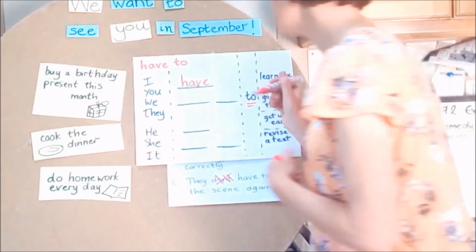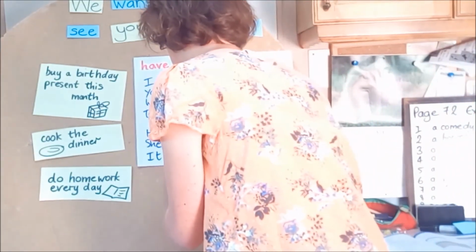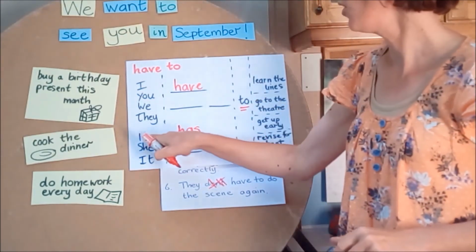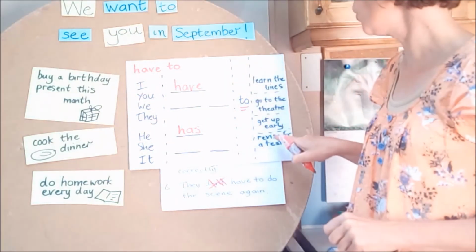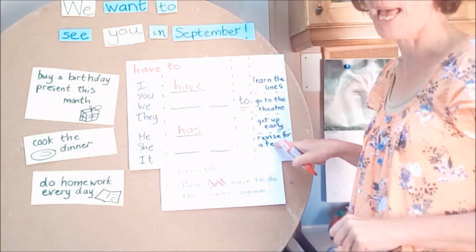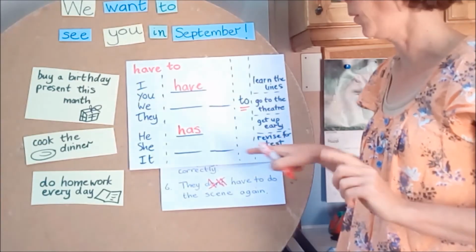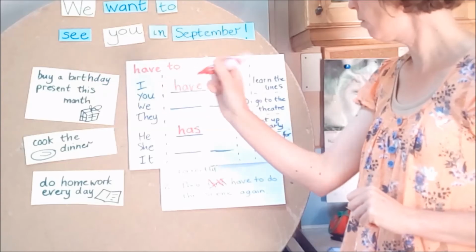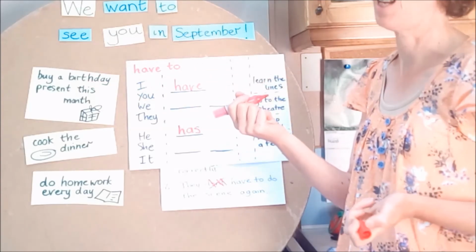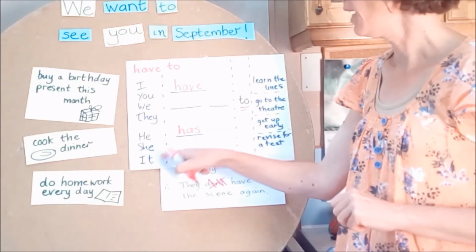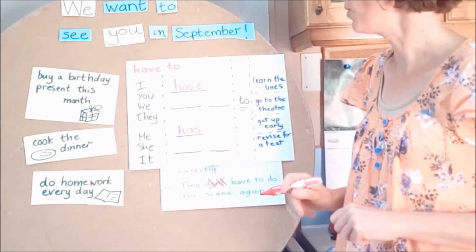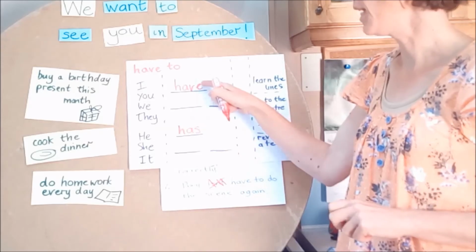He, she and it has to. So he has to revise for a test. And she has to revise. And it doesn't have to revise for a test. It has to write, suppose. So those are the positives.